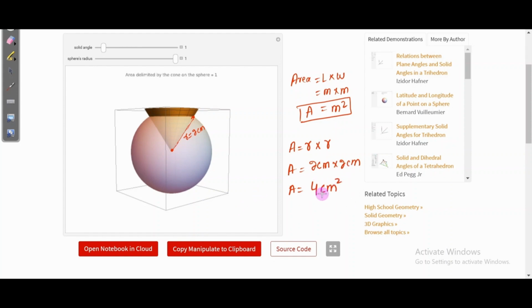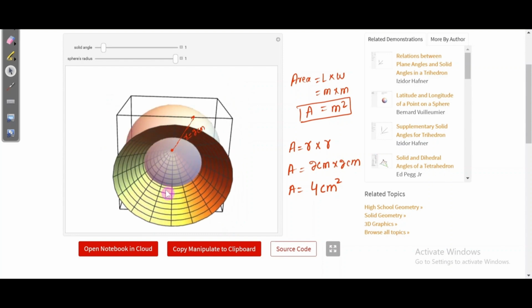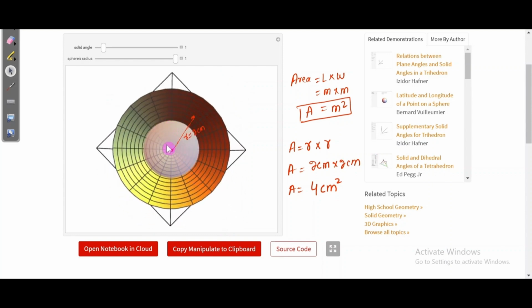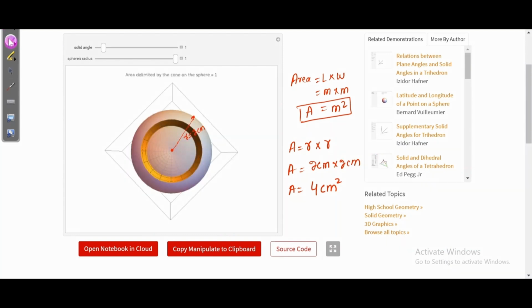So centimeter square is the unit of the area. Therefore, here we will take this area on the surface of the sphere. This is the surface of the sphere, and we take this area.